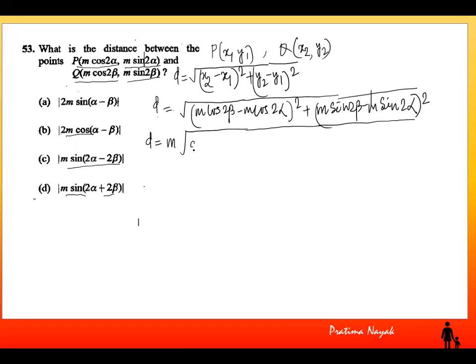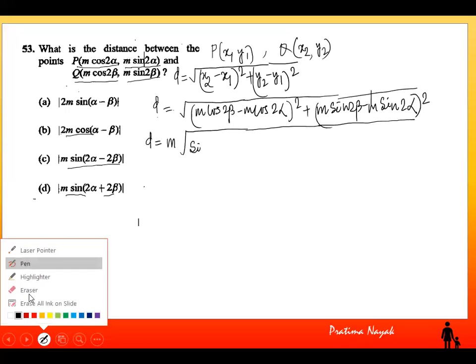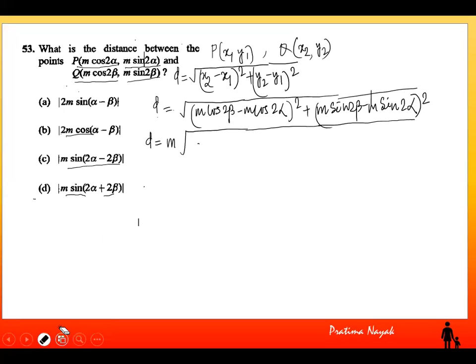So I'm squaring. So I'll get cos square 2 beta plus cos square 2 alpha minus 2 cos 2 beta cos 2 alpha.